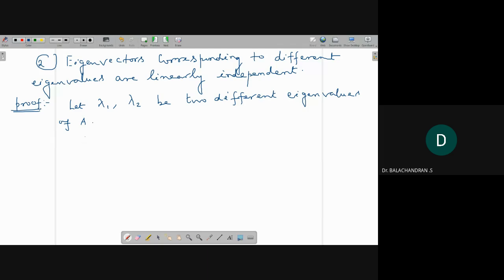Let capital X1, capital X2 be the corresponding eigenvectors.